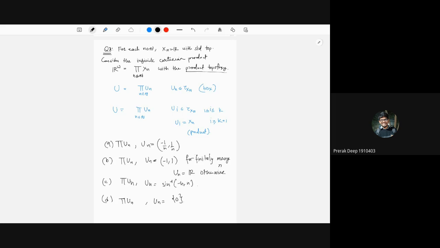Yeah, now the question is there. So I will wait for a few minutes and then we will discuss the solution. Option B is correct. What else can be the answer?